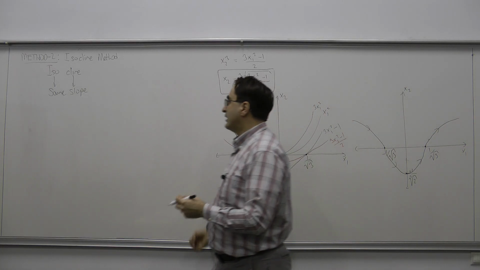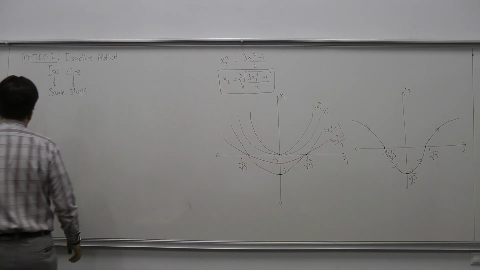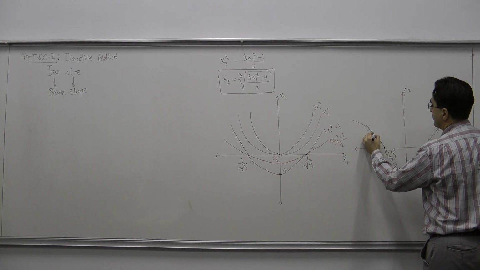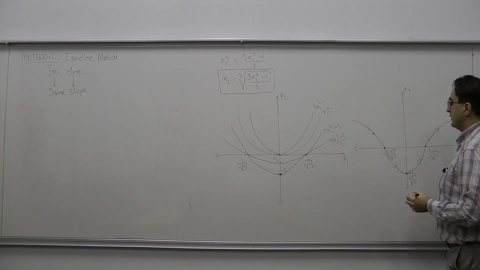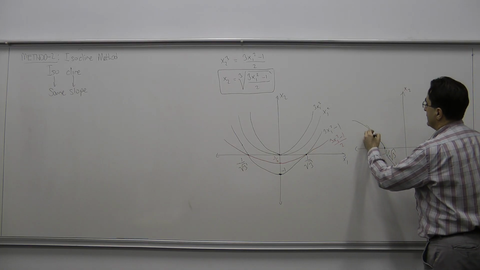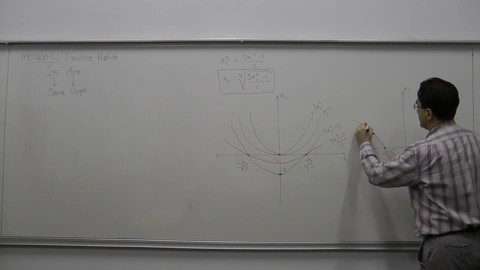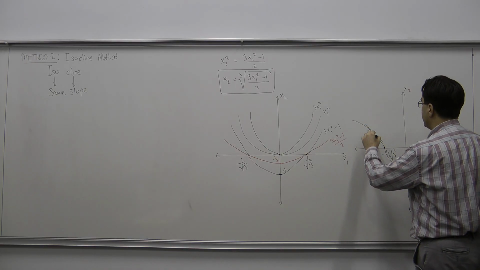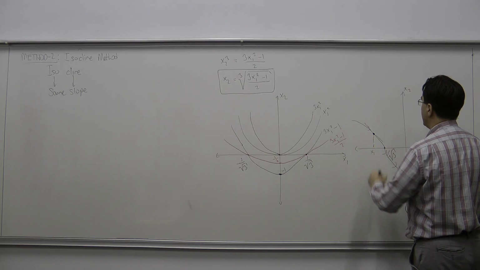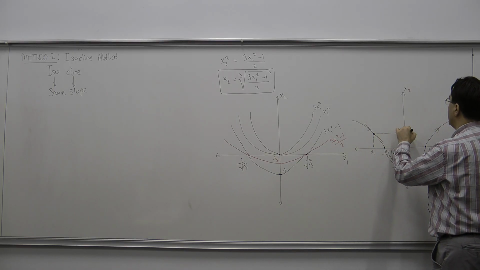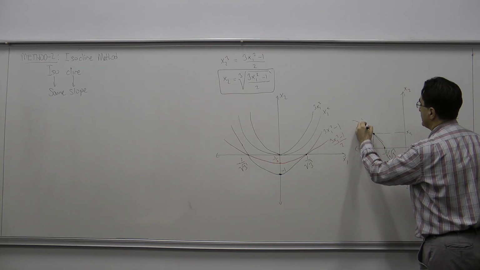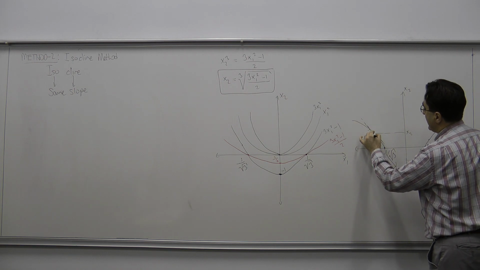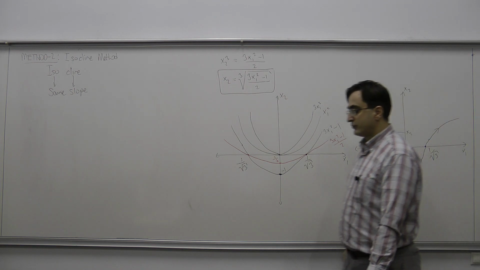Okay? Let me try to explain this a little bit. So suppose that I have a trajectory here. We have already drawn a trajectory here. And here, what is the slope value at this point on this trajectory? So this is my x1 value there, and this is my x2 value there, and I'm trying to obtain the slope value of this curve at exactly this point, x1, x2.